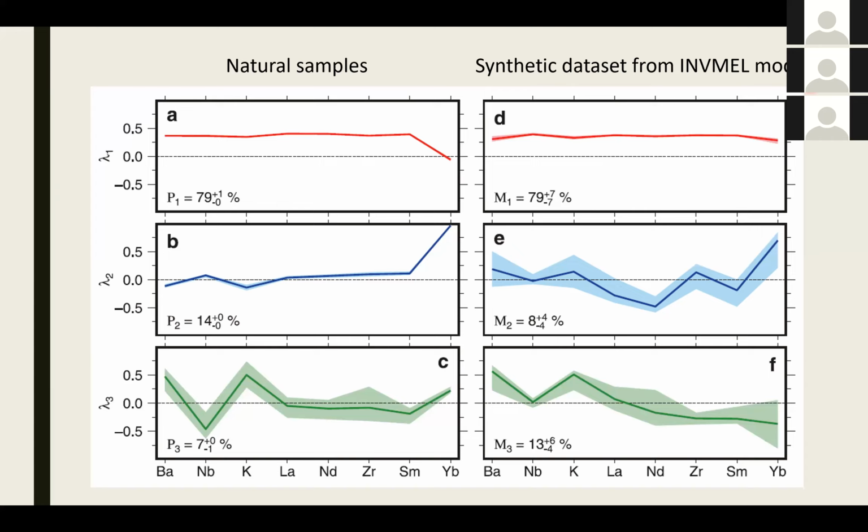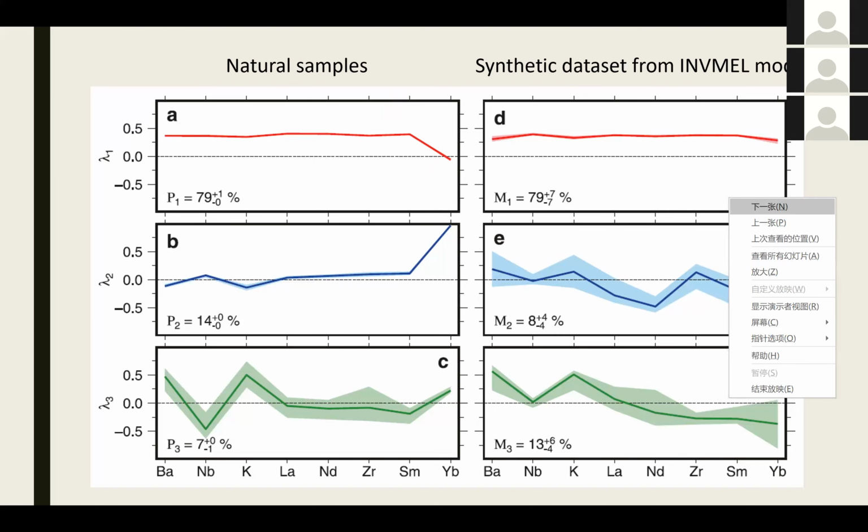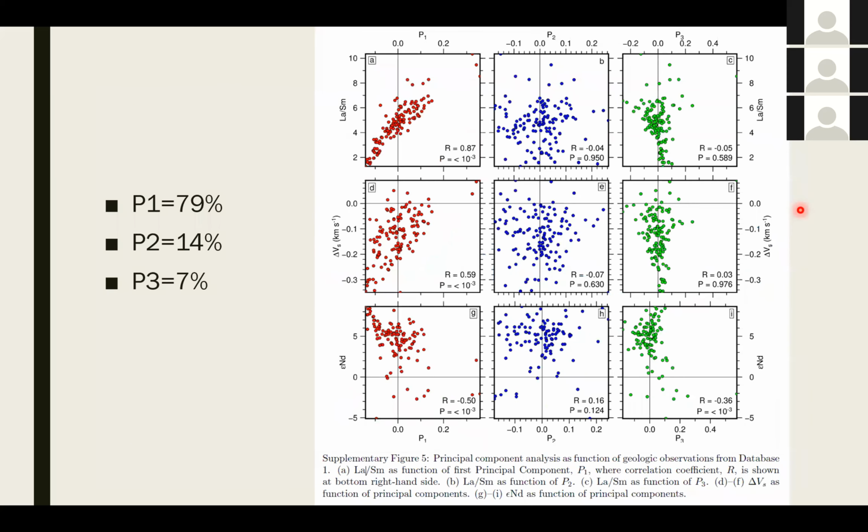And they use this model for a range of potential temperature values, lithospheric thickness, and mantle composition to calculate the element concentrations. So both natural data and the synthetic data show the same PCA pattern, and they compare the PCA results with the data they have.